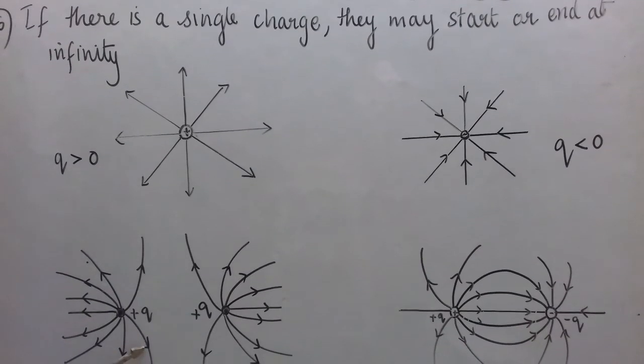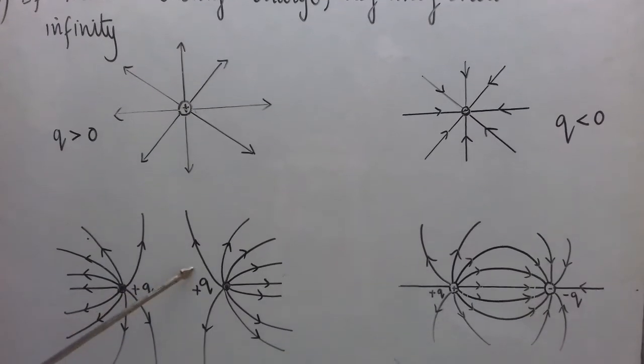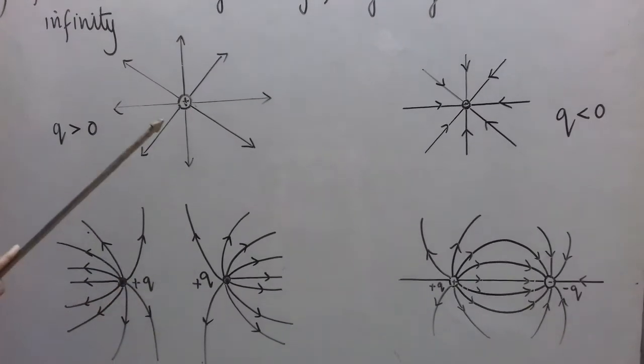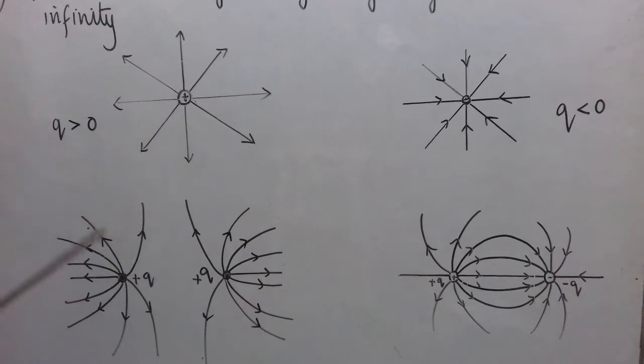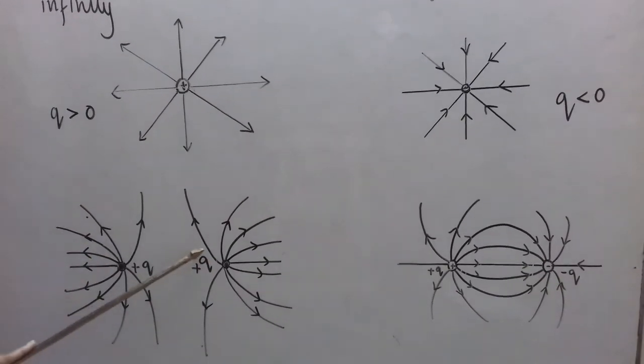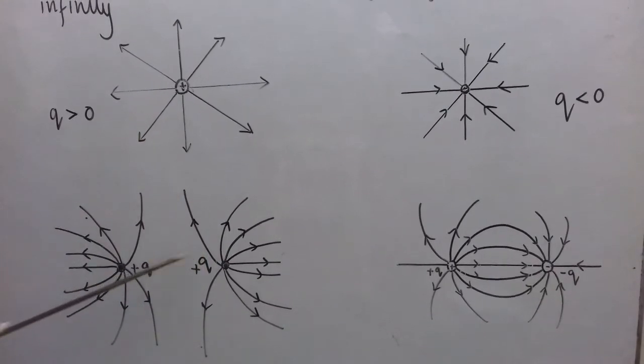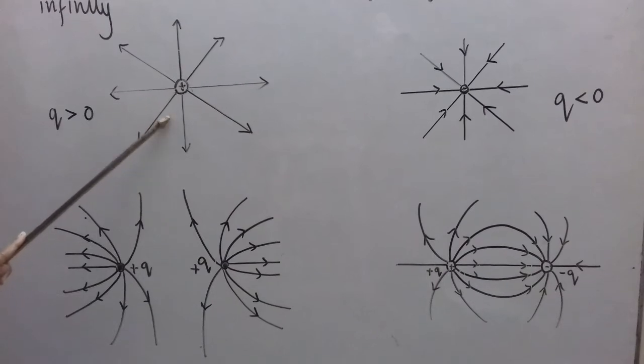Now in this case what we have done, we have taken 2 point positive charges which are like and equal in magnitude. Just imagine that when we have two fields of two charges, obviously we know that like charges repel. So if the distance between them is very large, then they will have separate fields like this.